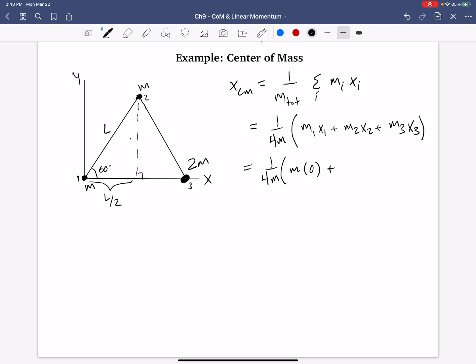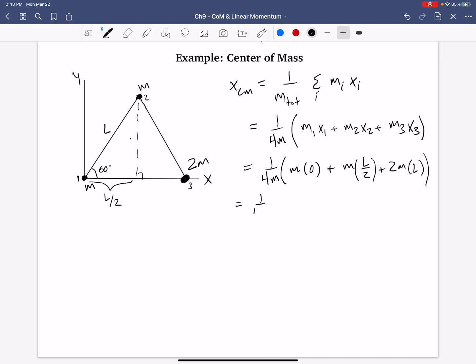So particle 2 has a mass of m and an x coordinate of L over 2. For particle 3, that has a mass of 2m and an x coordinate of L.